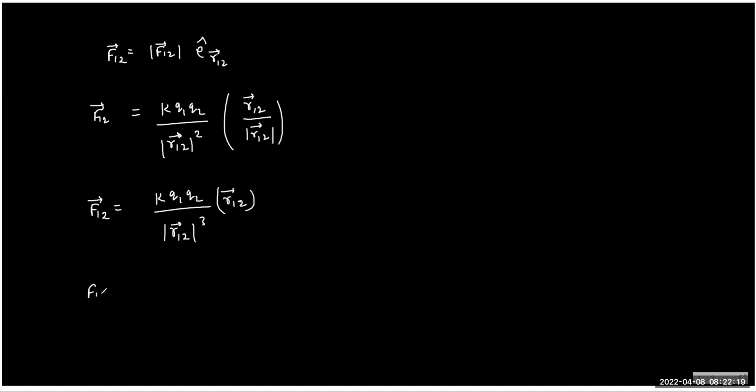So F12, and we can further expand it. From triangle law, we know that R12 we can attach R1 minus R2 whole cube, and this we can again attach R1 minus R2. So you can see the denominator is a number, but the numerator is a vector. So this part is only vector, right? Everything the rest is number.